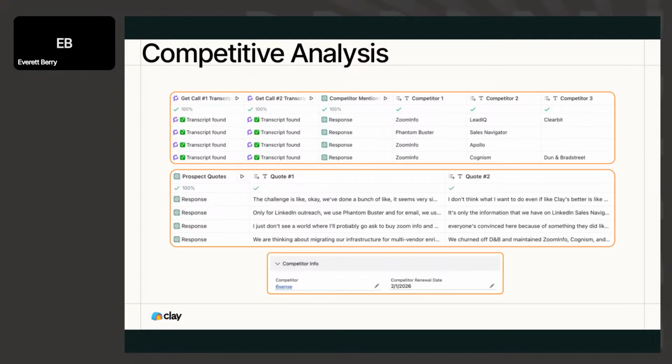I talked a little bit about competitive analysis. Pulling the data from the Gong transcript is one thing, but the thing that I think folks miss is you can go way, way beyond just knowing who the competitor is. At Clay, for example, we get the pricing information, we get product gaps, we get renewal dates, we get a lot of the deeper context around what's happening in the calls that our team is doing.